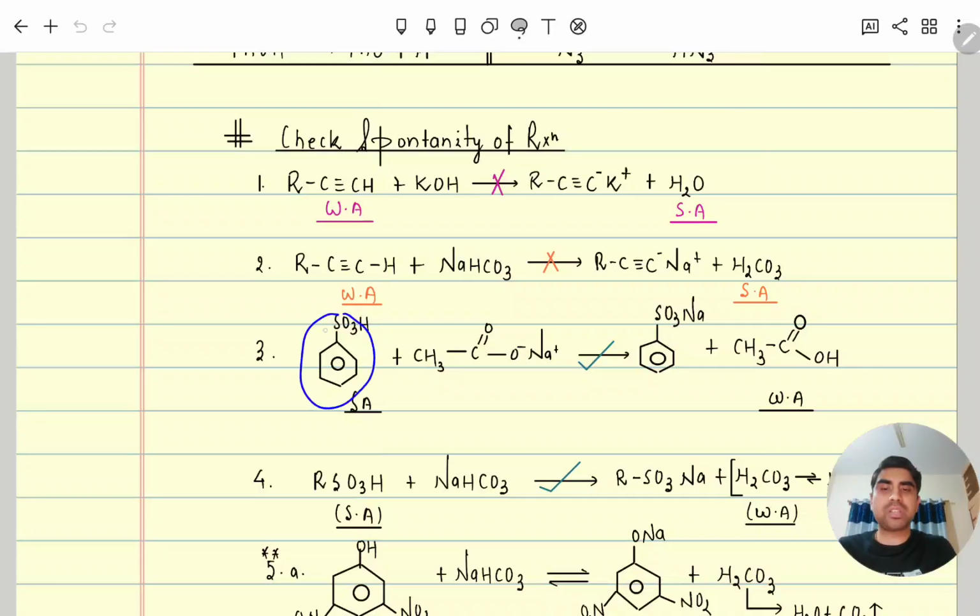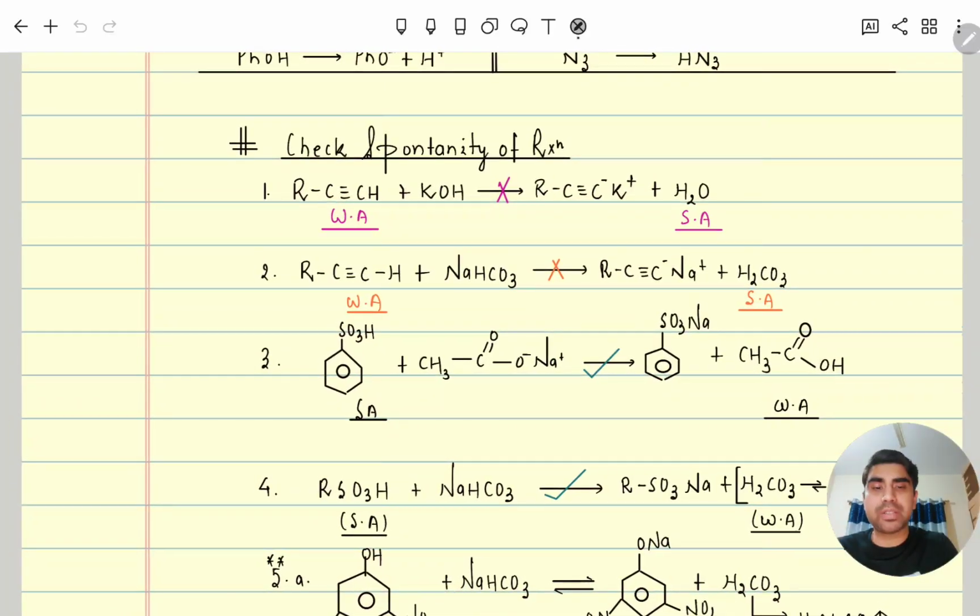Now here this is succinic acid. Sulfonic acid ranks first in acidic strength, so yes, this reaction will be feasible. Sodium will combine here, hydrogen will come here, and this is the weak acid compared to sulfonic acid.